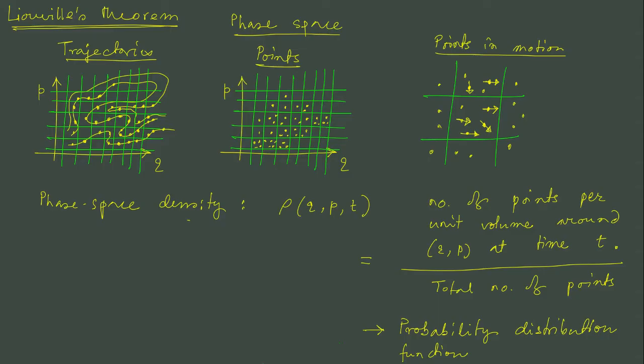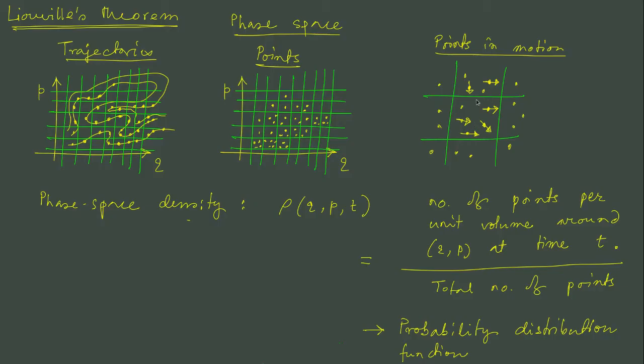Now, to analyze this swarm, a useful quantity can be defined as the phase space density, rho, which is a function of q, p, and t. That means we are defining the density for a specific value of q and p.